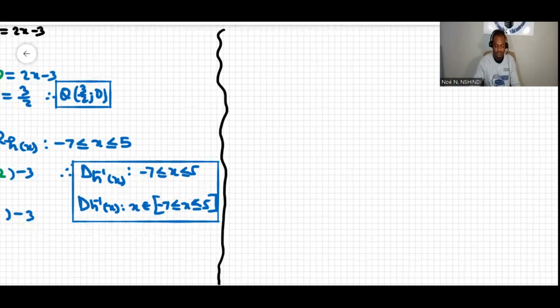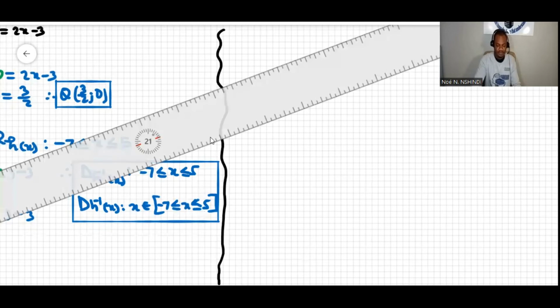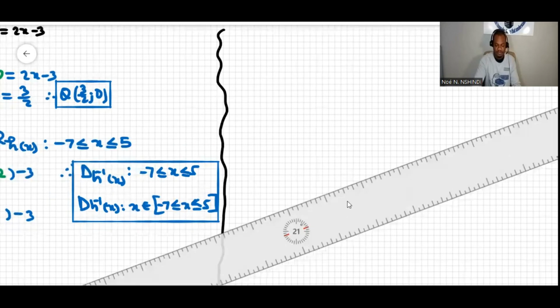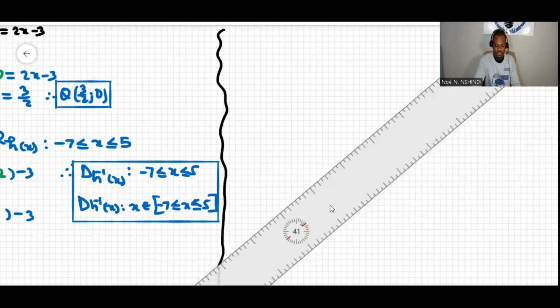Okay, I need to draw the graph. I'm going to use my ruler because I want to draw the graph of h minus 1.